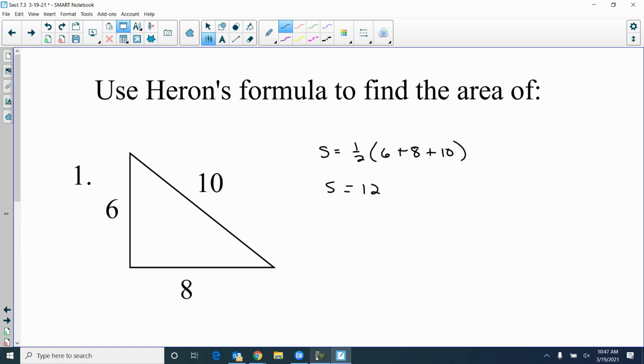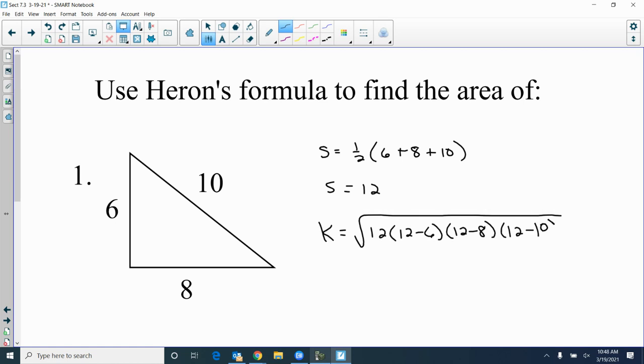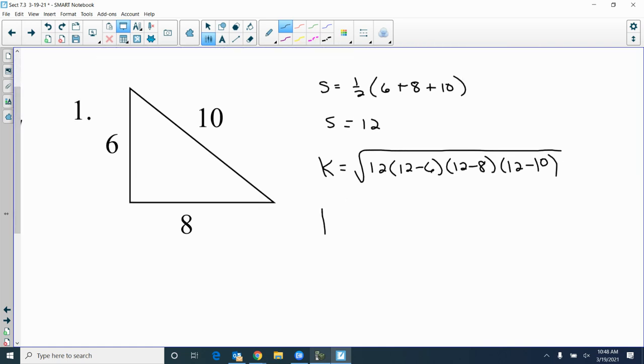So K equals the square root of 12 times 12 minus 6, 12 minus 8, 12 minus 10.